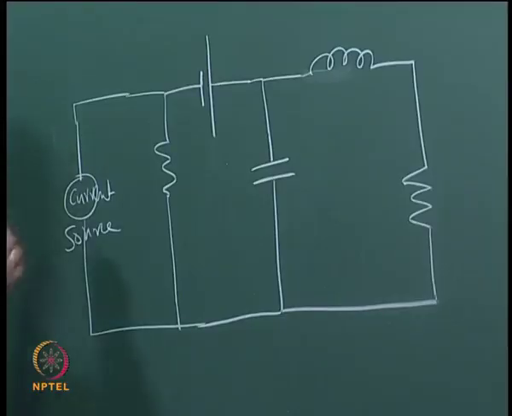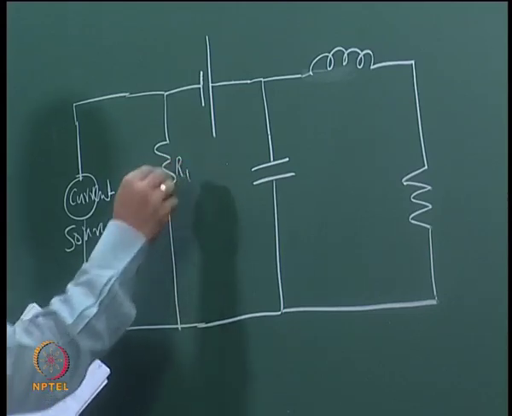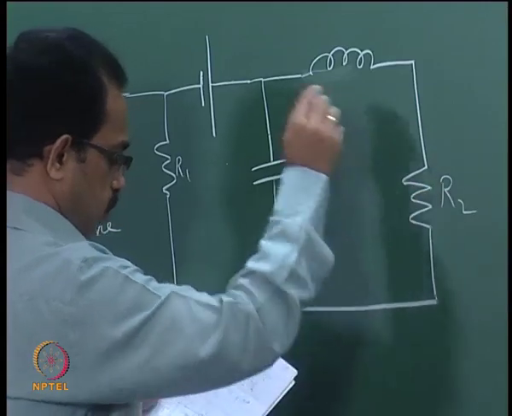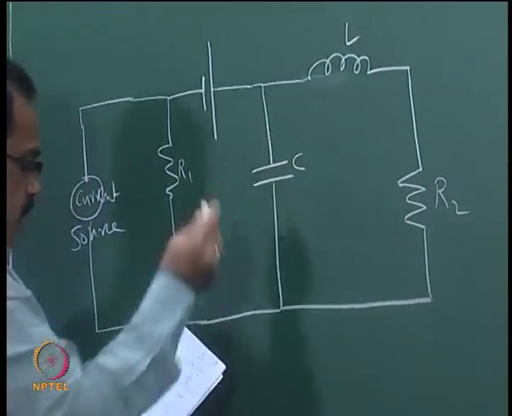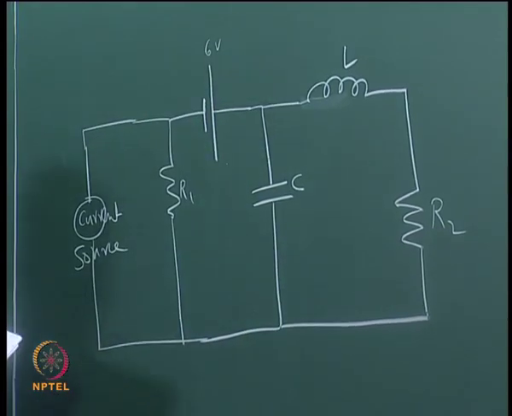I will call the resistance R1, this is C, this is R2, this is an inductance L, and there is a voltage source.